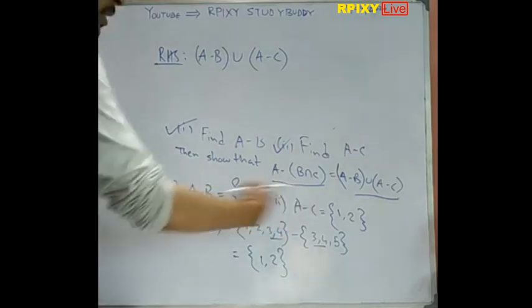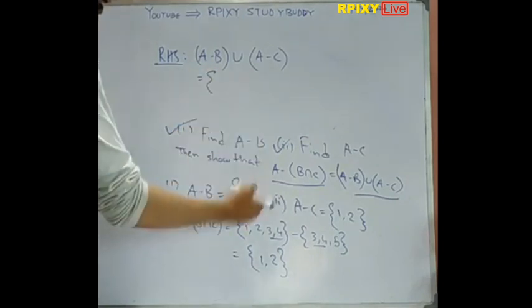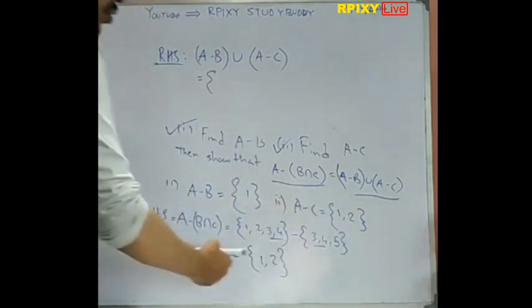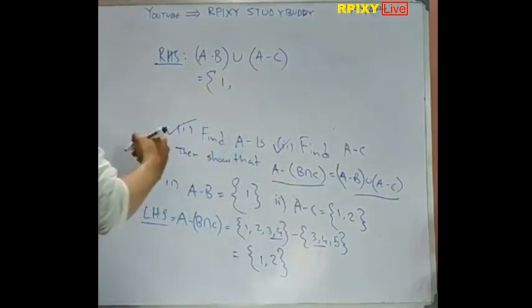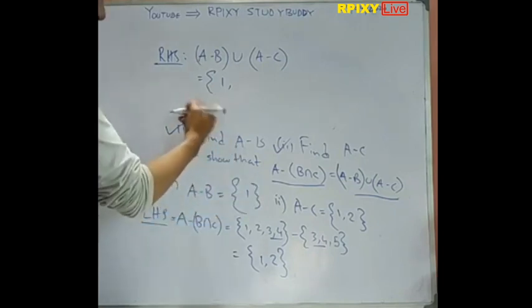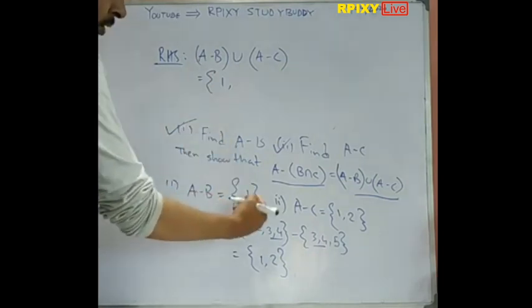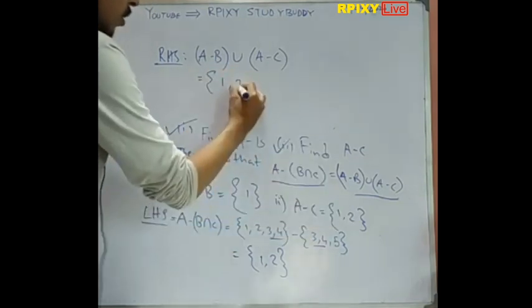Take all the elements of these two sets. So 1, 1, 2. There are two ones, so you have to take only a single one, because you don't have to repeat numbers inside a set. So the elements of the union of these two sets are 1 and 2 only.